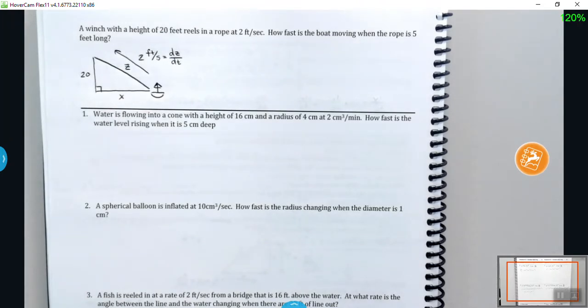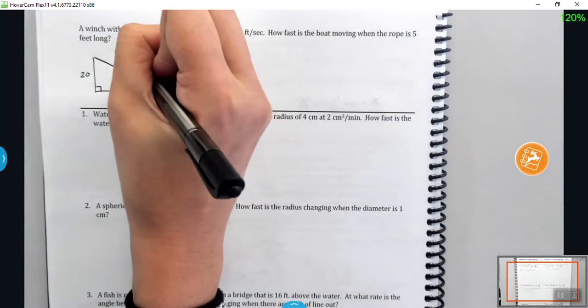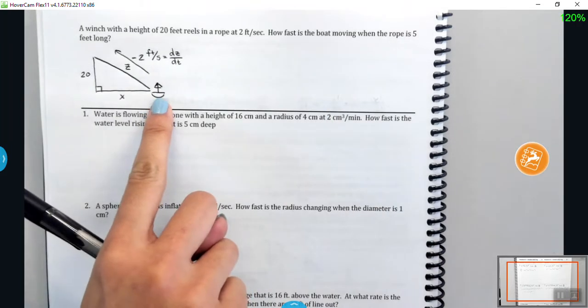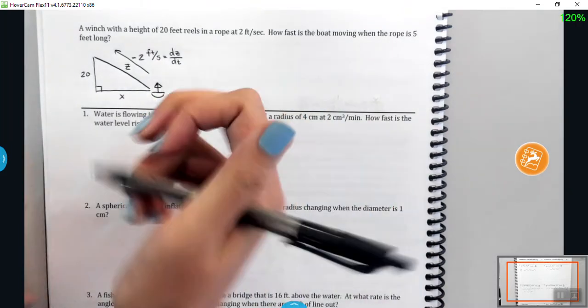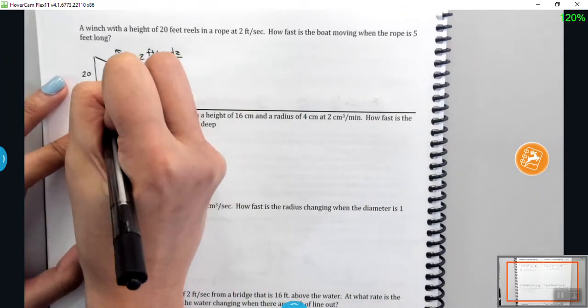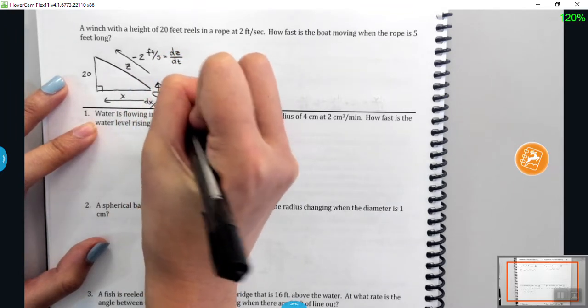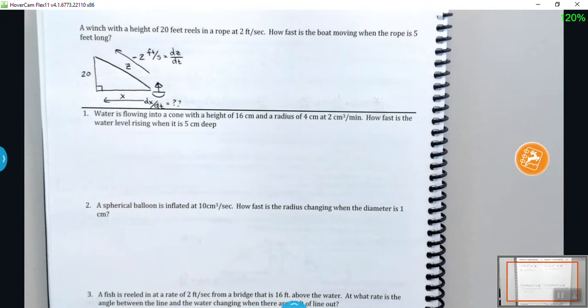It's negative because z is getting smaller. How fast is the boat moving? If I'm looking for how fast this boat is traveling, we are going to call that dx/dt. That's what I need to find.